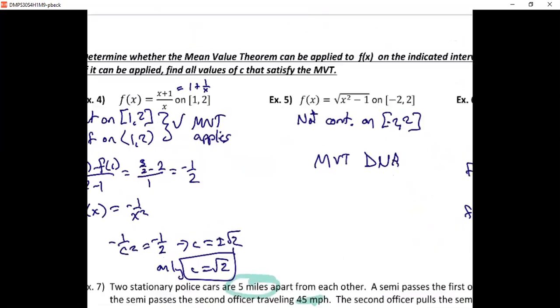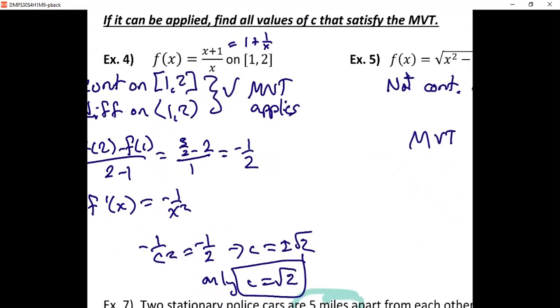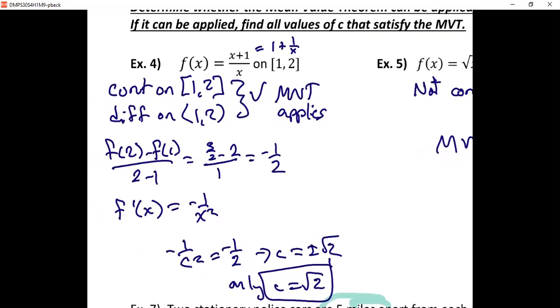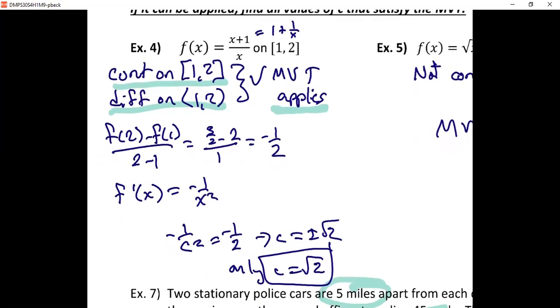So how do we test it on some functions? To test on some functions, once again, we check: do we have continuity? Do we have differentiability? If so, the mean value theorem applies. It almost looks like MNT. Let me write that a little bit clearer, MVT. Since we have that, this right here is my average slope of -1/2.